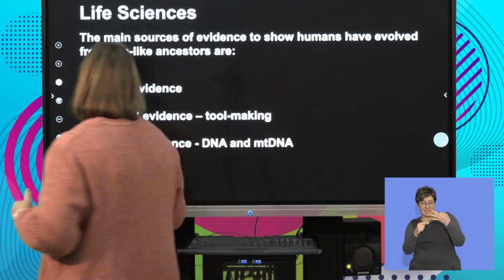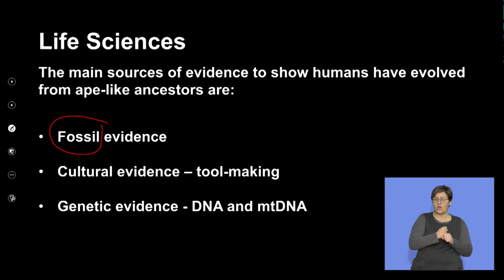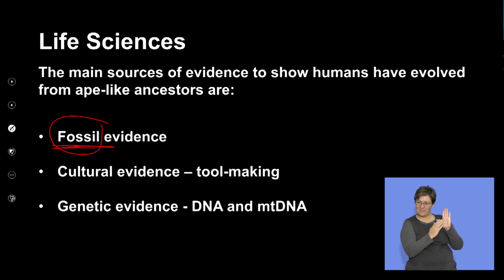The first set of evidence is fossil evidence, and you would have looked at the concept earlier, maybe in earlier years of school, of what a fossil is. A fossil is an organism usually that had bones or something hard, and it's basically left like a picture behind. I think for a lot of us, this is the one piece of evidence we can cling to because we can see it.